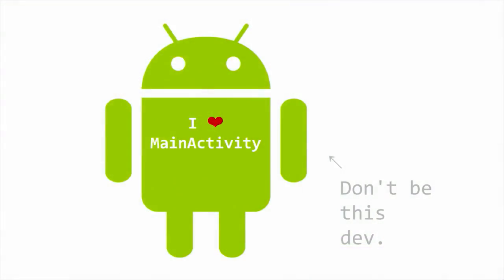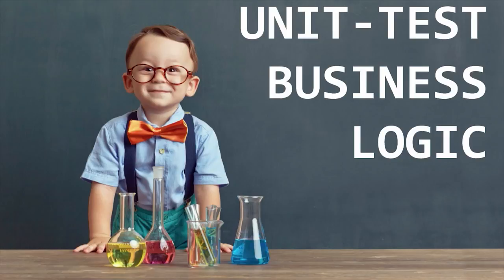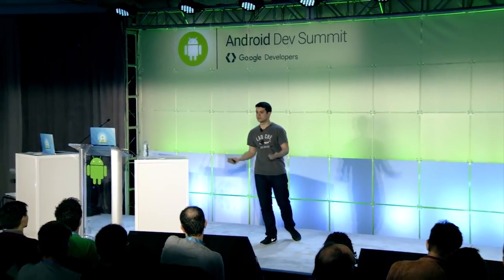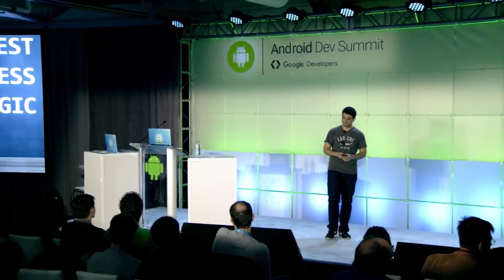Don't be this developer. Be this other guy. He unit tests his business logic, and he's really happy about it. Business logic means what your app actually does. So if you have a photo filtering app, the business logic would probably be the algorithms that you use to filter the images.